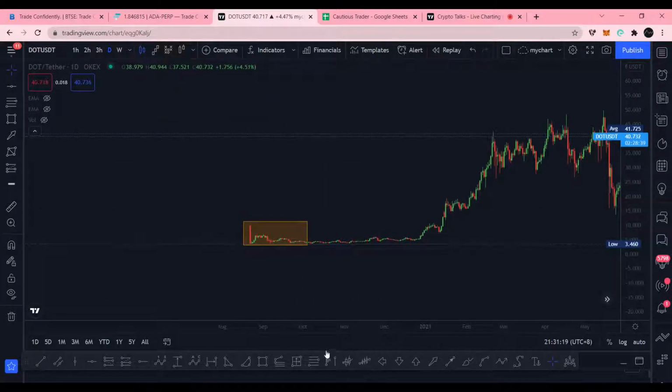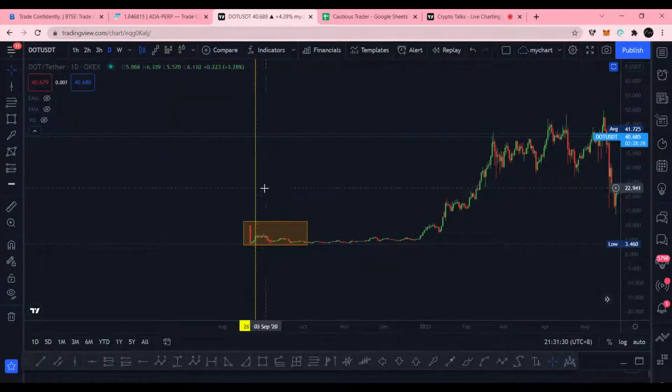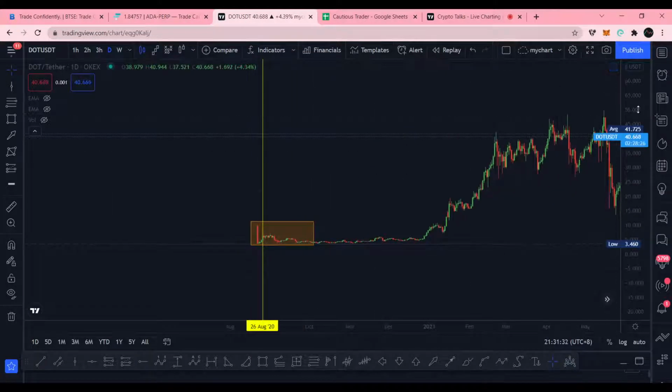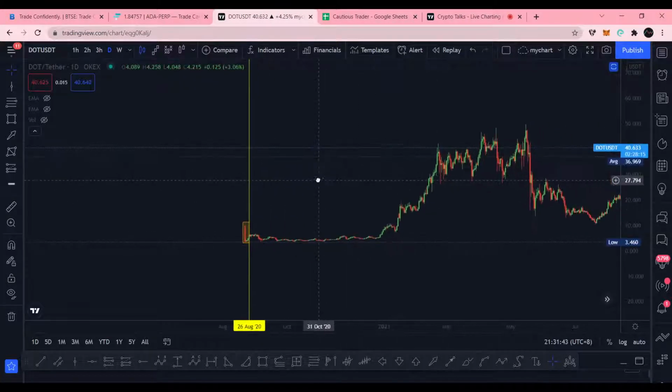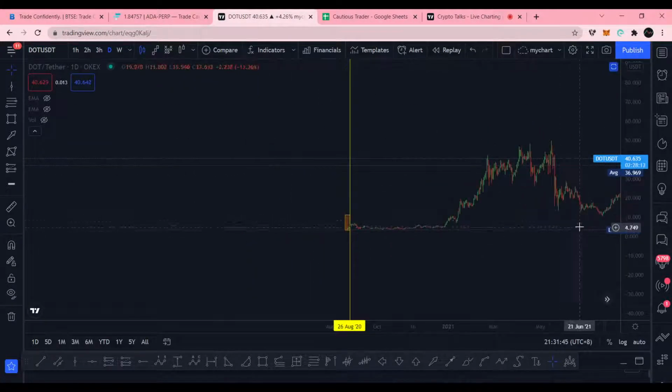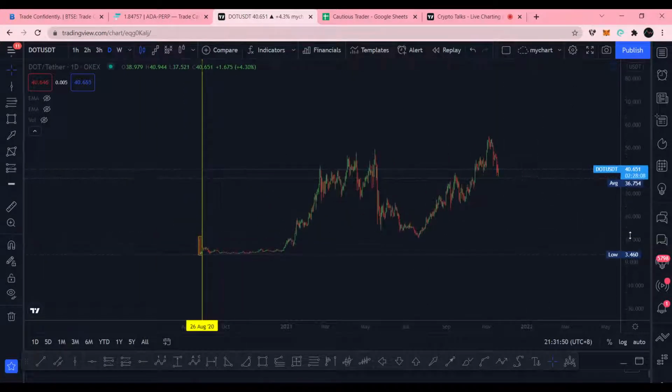So more or less I bought on or before August 26. I created my wallet here and then I transferred. So at least I bought in the first few days, on or before August 26. This is my personal buying area. And then right after, I did not add more, and I just waited.